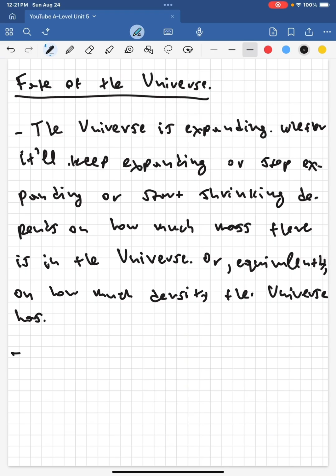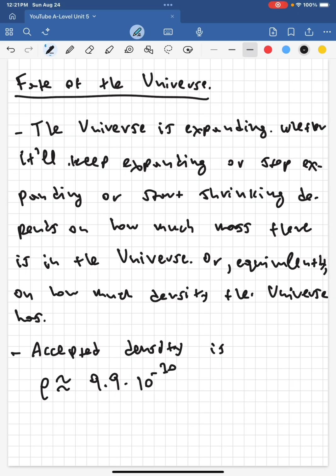So the accepted density, rho, is about 9.9 times 10 to the minus 30 grams per cubic centimeter, which is about 6 protons per cubic meter. That's nothing, like 6 protons per cubic meter. So the universe is kind of empty. Okay, this is what this density tells you.